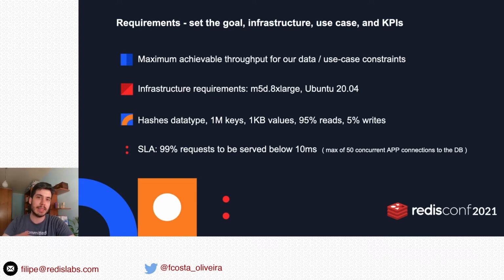Apart from understanding the maximum achievable throughput of the application, product also wants to be able to say if we are going to be able to cope with the service level agreement that we have: 99% of the requests at maximum throughput to be served below 10 milliseconds. Apart from that, we also know that at max, we'll have 50 concurrent connections to the database. So we also want to simulate that in our benchmark. So let's get to it.